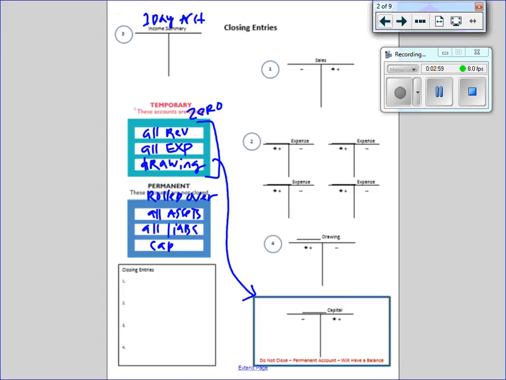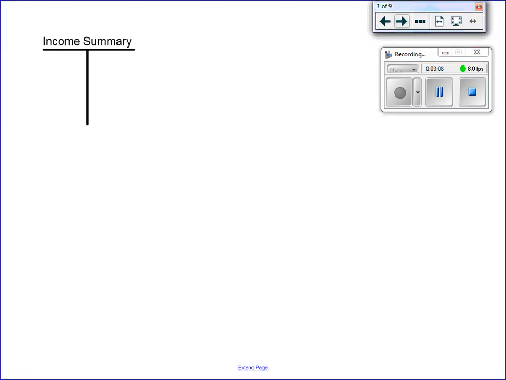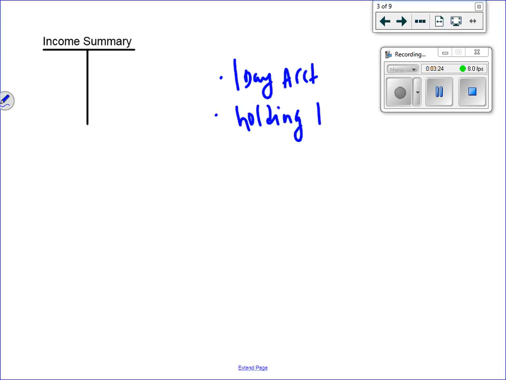All right. One thing I want you to do, we're going to talk about income summary. And I don't know if you want to put this somewhere in your notes. I don't know where this goes. But let's talk a little bit more in depth about income summary. Remember, income summary is a one-day account. It's a holding tank. Again, you're not going to hear the book call it a holding tank.